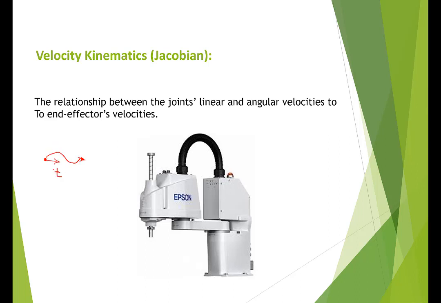So knowing the position itself isn't enough. We need to know the velocities as well. The velocity of the robot end effector as a function of the velocity of the robot's joints. This is what we call velocity kinematics, and we're going to talk about a subject called Jacobian, which is very common, and we actually use it a lot in robotics.